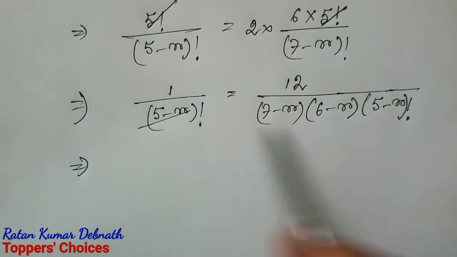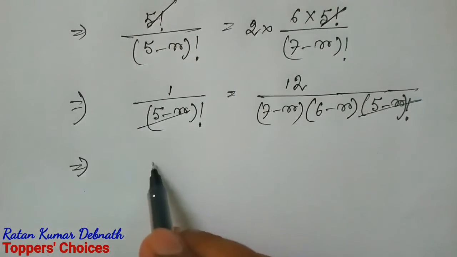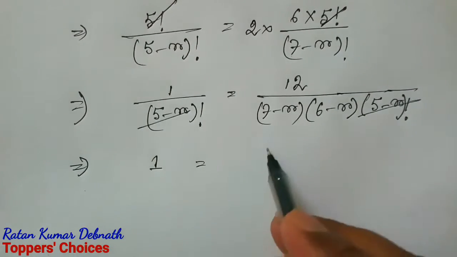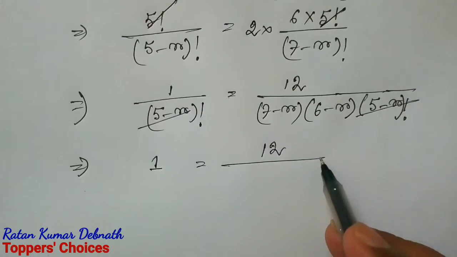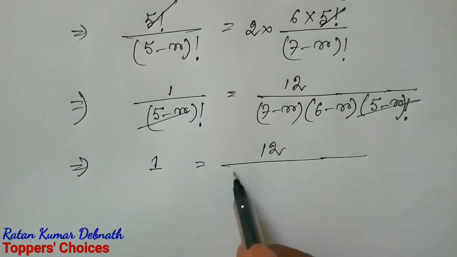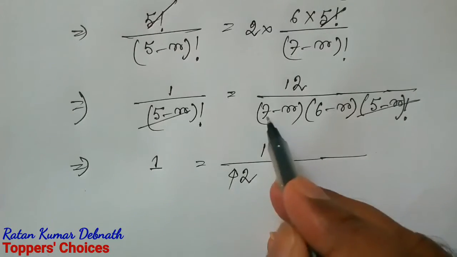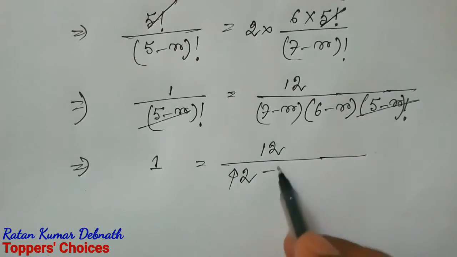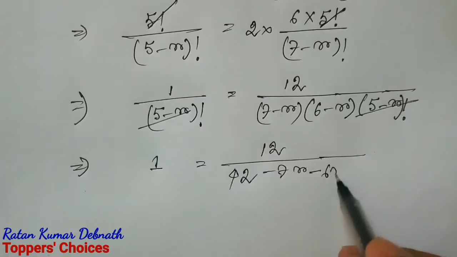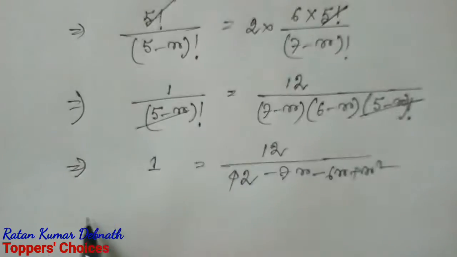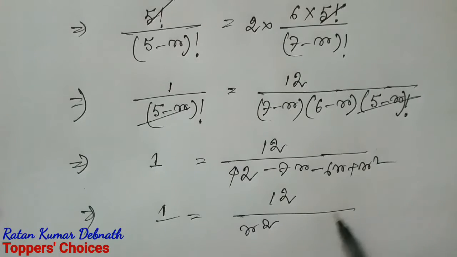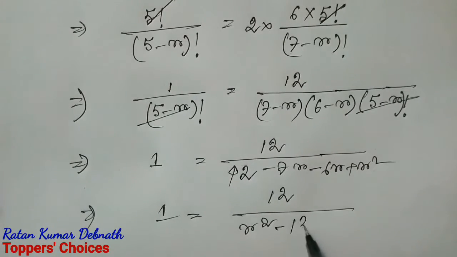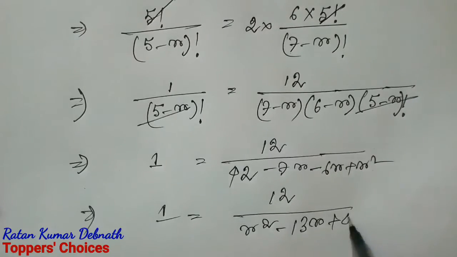We can cancel these two, and we get 42 minus 7r minus 6r plus r square, which is r square minus 13r plus 42.